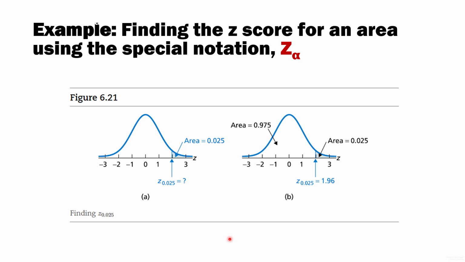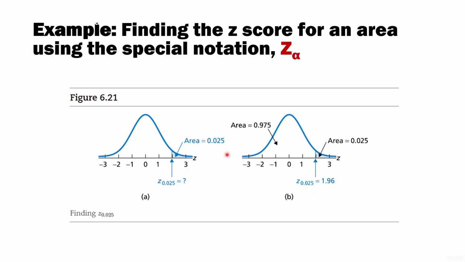So z-alpha 0.025 is the z-score that has an area of 0.025 to its right under the standard normal curve, and you can see that here in figure A. Because the area to its right is 0.025, the area to the left would equal 1 minus 0.025, which gives 0.975.